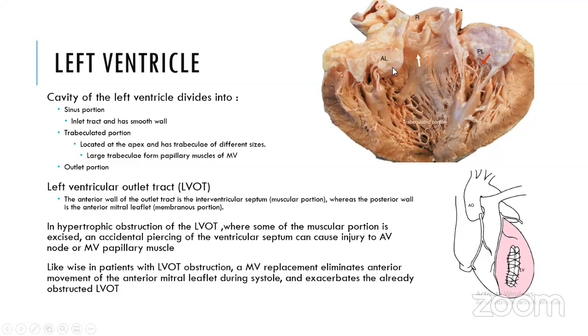The anterior leaflet of the mitral valve is moved anteriorly to open the passage for blood. If there is mitral valve replacement with left ventricular outlet tract obstruction, this might cause or exacerbate the obstruction.